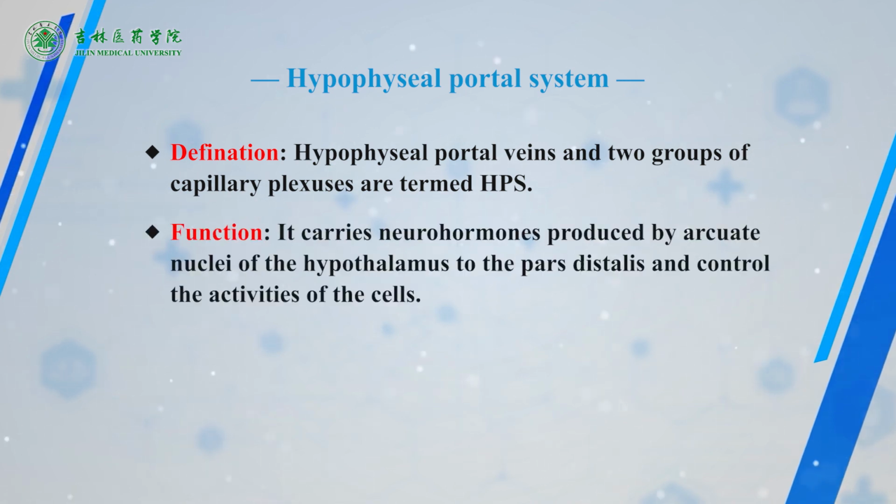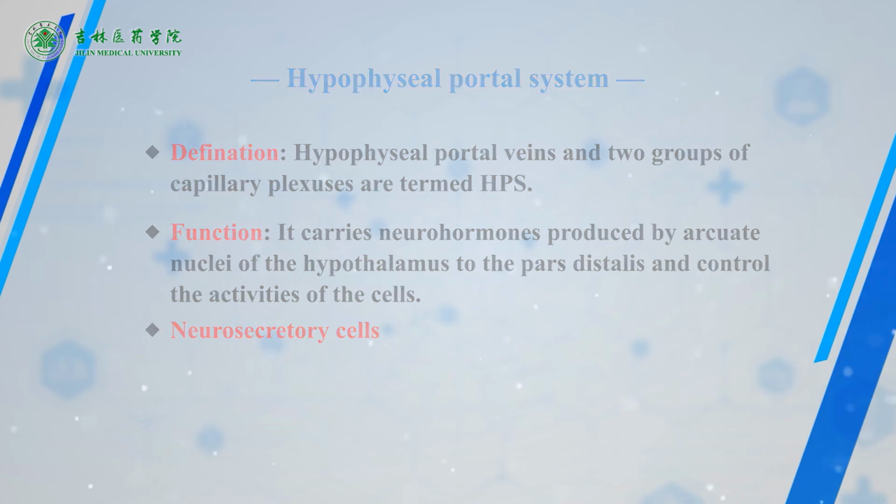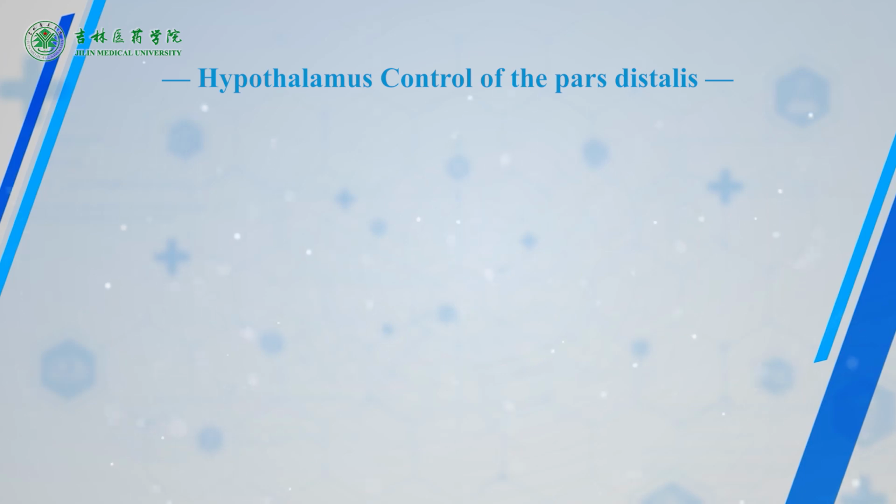It carries neurohormones produced by arcuate nuclei of hypothalamus to the pars distalis and controls the activities of the cells. The arcuate nuclei of hypothalamus contain neurosecretory cells, which are both neurons and endocrine cells. Hypothalamus controls the pars distalis by neurohormones through hypophyseal portal system.